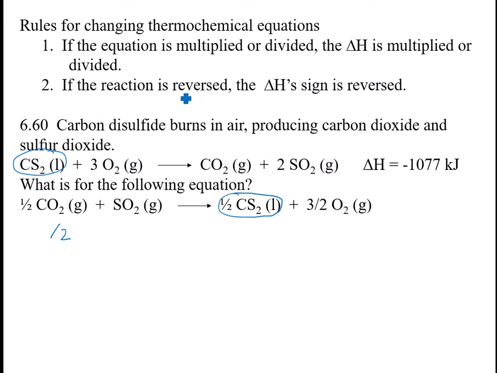Number 2 is the reaction reversed. Here it is a reactant, here it is a product. So yes, it was reversed. So basically, I'm going to take the negative 177 divided by 2, and I get a negative 538.5 kilojoules for dividing, and then the fact it's reversed, it becomes a positive 538.5 kilojoules.